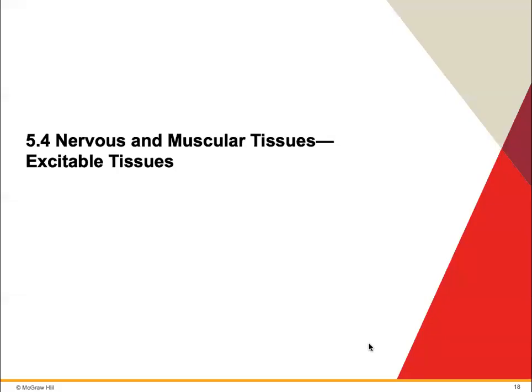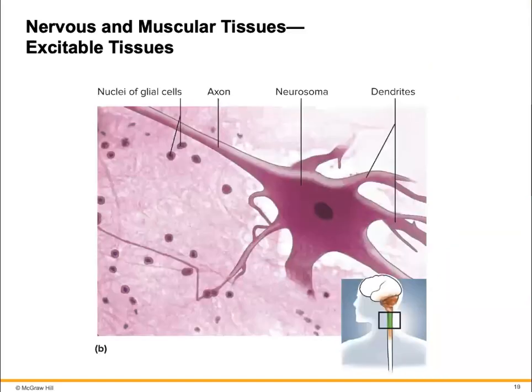The next type of tissue that I'm going to focus on is what we refer to as excitable tissues, and it includes both the nervous and muscular tissues. Nervous tissue includes two major types of cells.